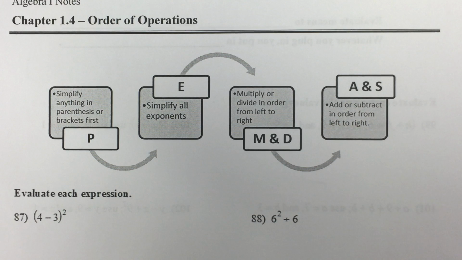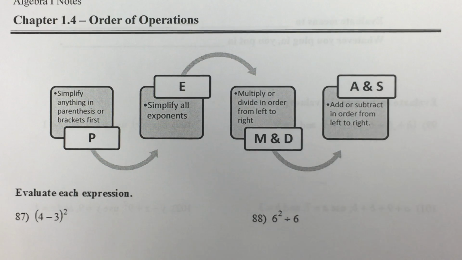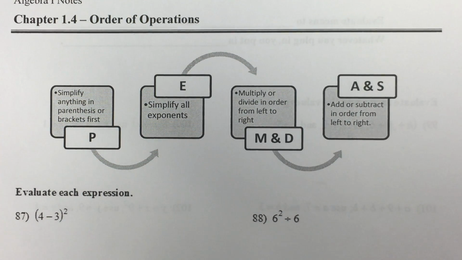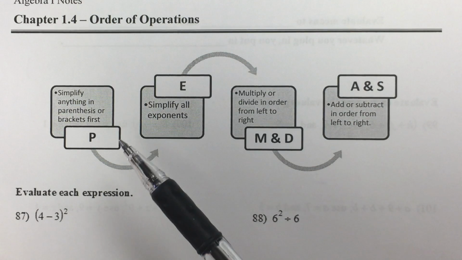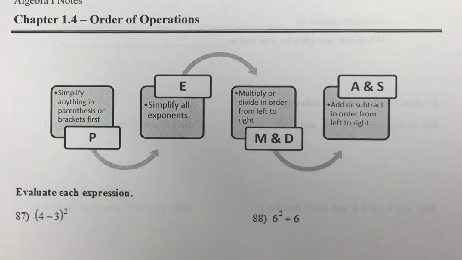A way that a lot of people remember the order of operations is PEMDAS. P-E-M-D-A-S spells out PEMDAS. When I was in school, I was taught it using the acronym Please Excuse My Dear Aunt Sally. A lot of you might have heard this also. So basically the P stands for parentheses.